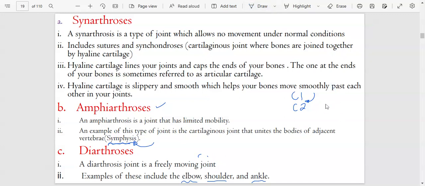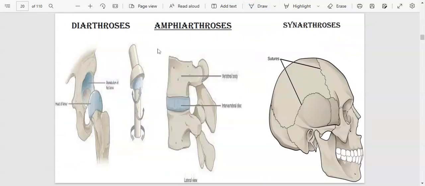So this is the physiological classification. We have the diarthrosis, which allows movement in any direction. For example, let's say this is the humerus, the bone in your arm, connecting to your shoulder.